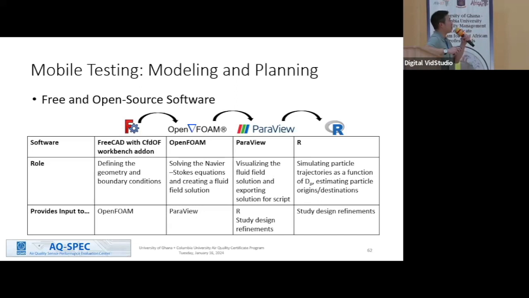Then the OpenFOAM output is your input to ParaView, which is also free, and that lets you visualize the fluid flow solution and also export the fluid field solution to whatever script you write for your particle trajectory analysis, whether in R or Python or whatever. You can then use the results to further refine your design of your car, or maybe the sampling probe, or the box that you're putting sensors in.